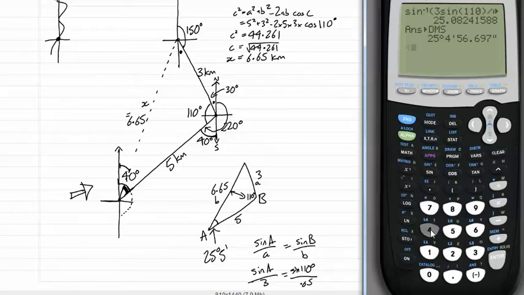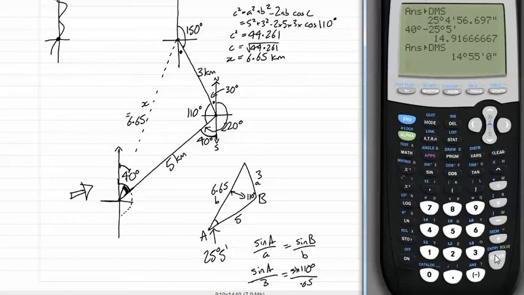So I'm going to do 40 degrees minus our 25 degrees 5 minutes. That's 14.9 degrees. Remember, of course, we change that back. We've got DMS.